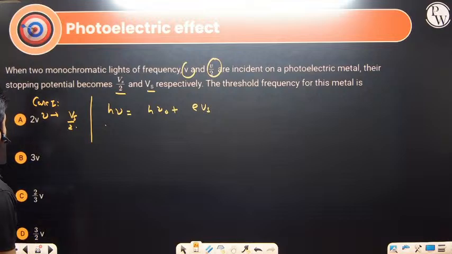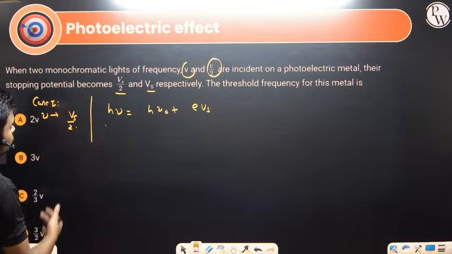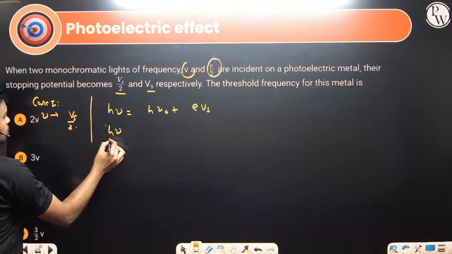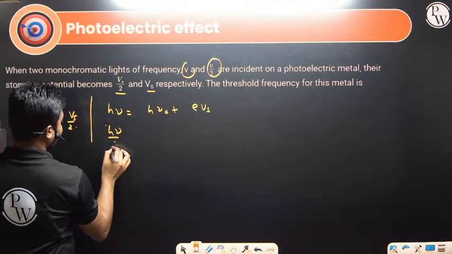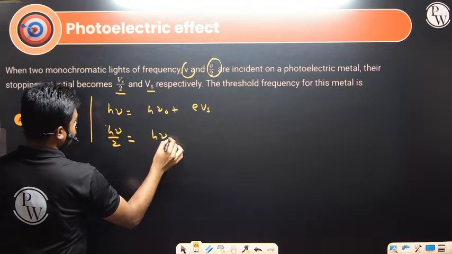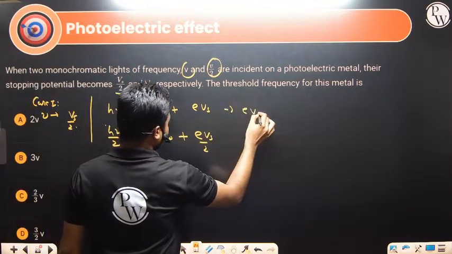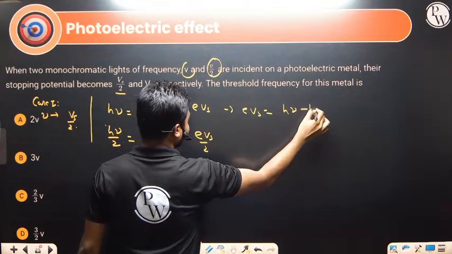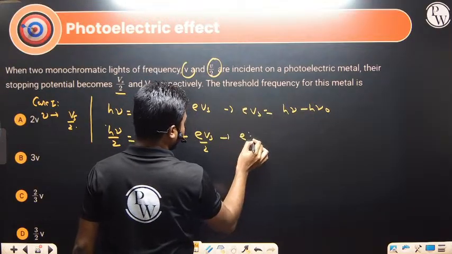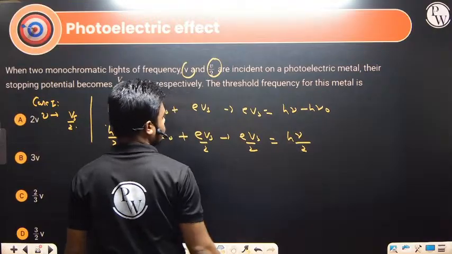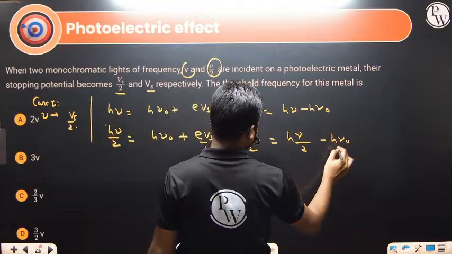Second, h nu by 2 is equal to h nu naught plus eVs by 2. I'll be solving this. eVs equals h nu minus h nu naught, and on this side eVs by 2 equals h nu by 2 minus h nu naught.